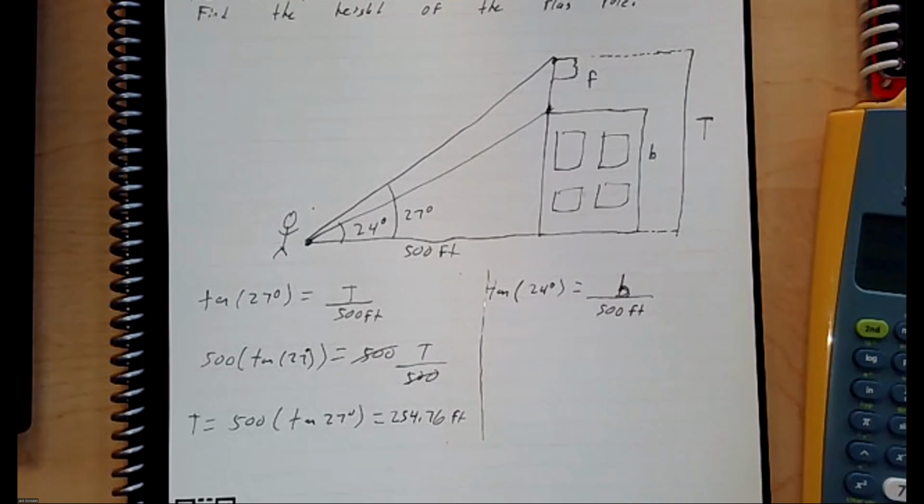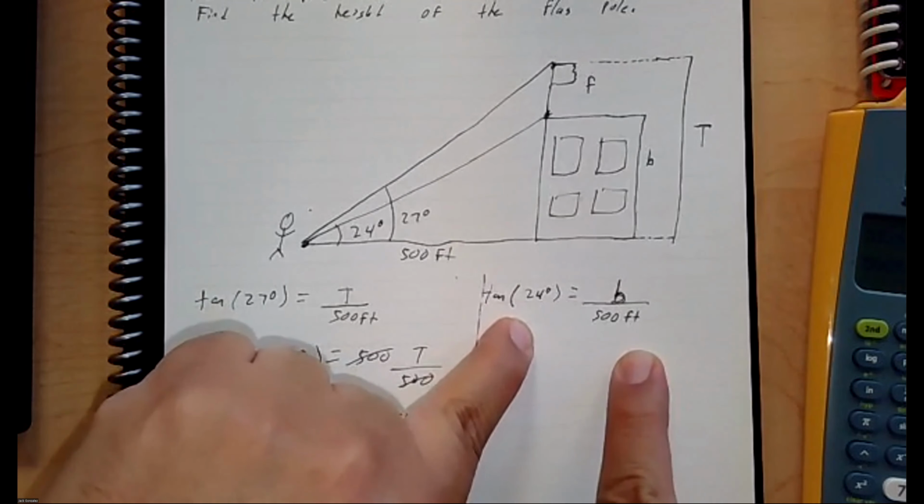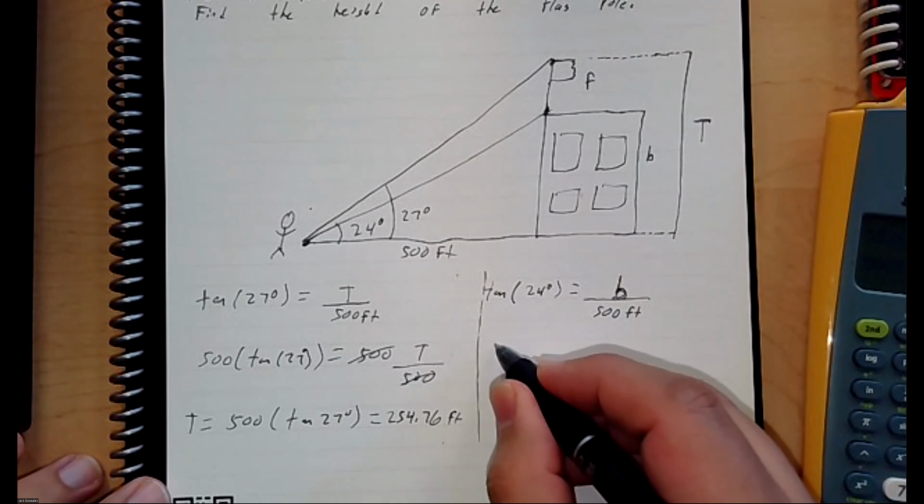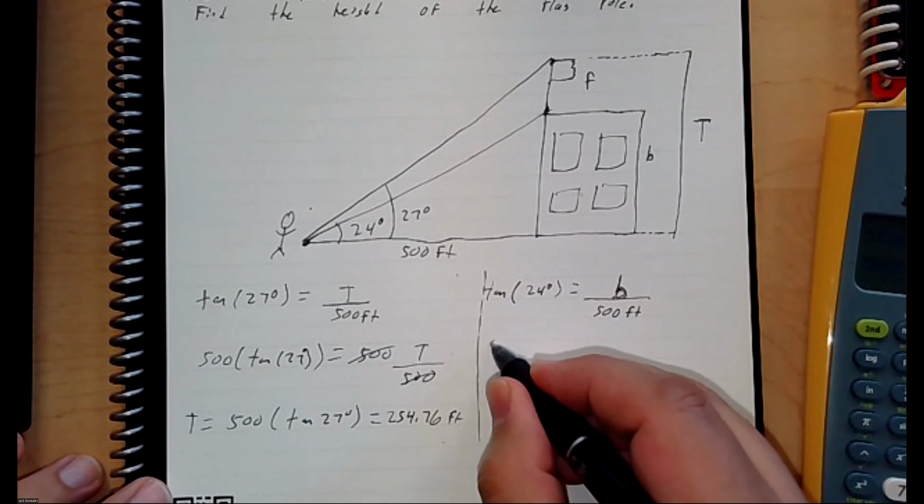Okay, so that's the total building with the flagpole. So I'll do the same thing, solve for B. That would be the height of the building. So multiply both sides by 500.